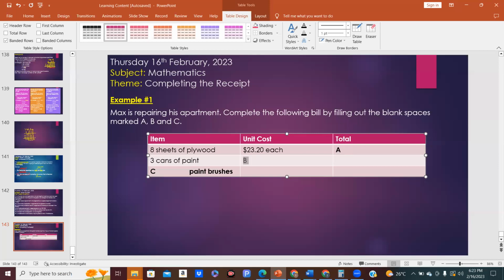Here is also B. For this one, we have that the cost is $129.60. Here it's $240.